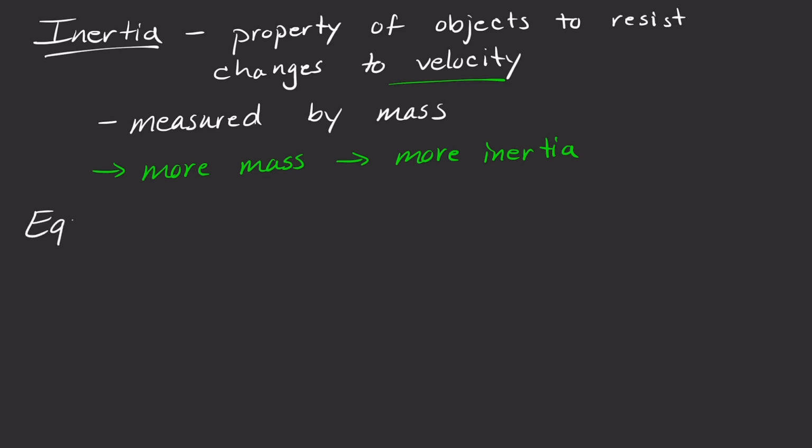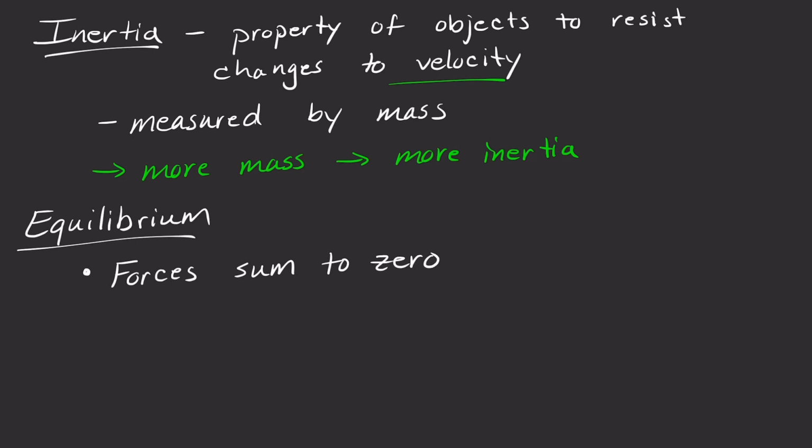Then there's an important idea called equilibrium. So this goes back to when we first started talking about forces, and I said they can kind of cancel each other out because of the vector nature of forces. And so this means that when we sum the forces, they equal zero. And if the forces equal zero, then I can write Newton's second law. So sum of the forces equals mass times acceleration.